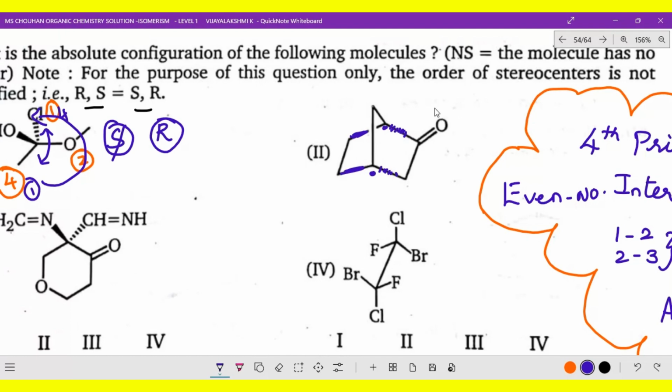So this is the first priority. Here hydrogen is there. So now this is the secondary group and this is the tertiary. See, three carbons are there. So tertiary is 1 and here 2. This is 2, this is 1 and this is 3, right? 1, 2, 3 and hydrogen 4.